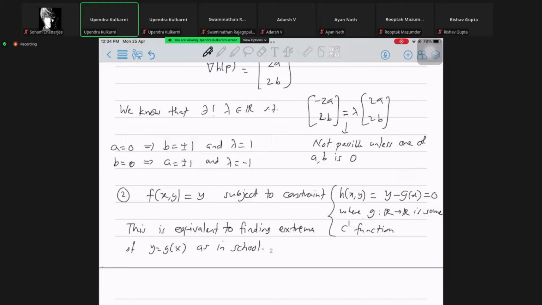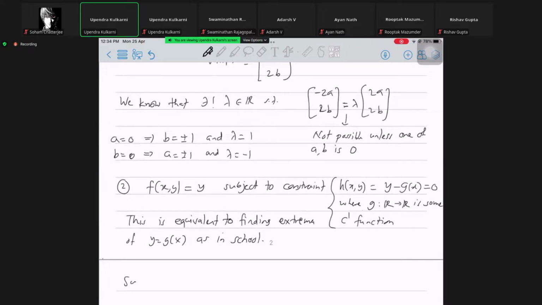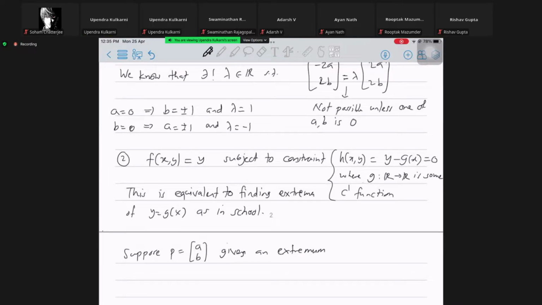That if I have a maximum, let's say at a point p equal to a comma b, then g dash of a equals 0. And let's see how this comes about.